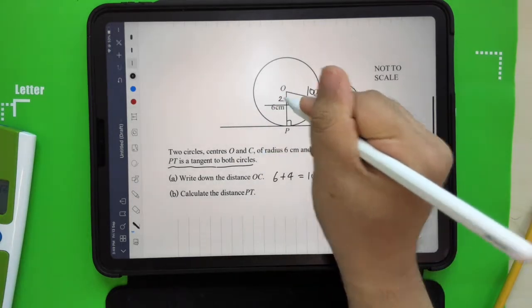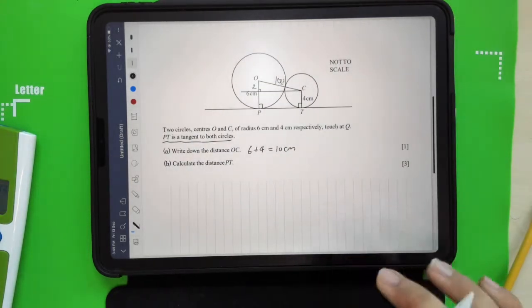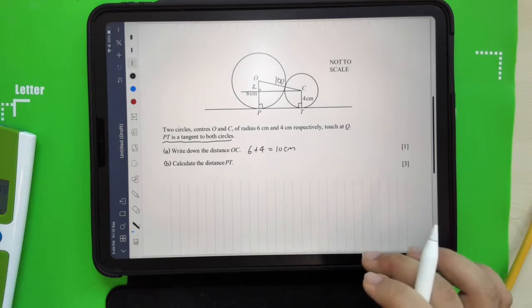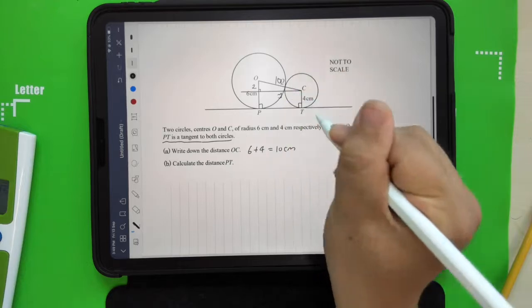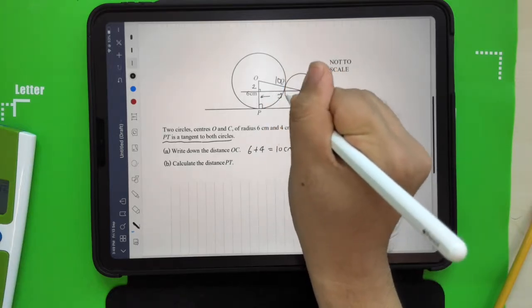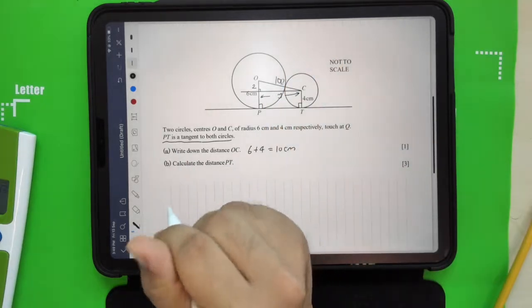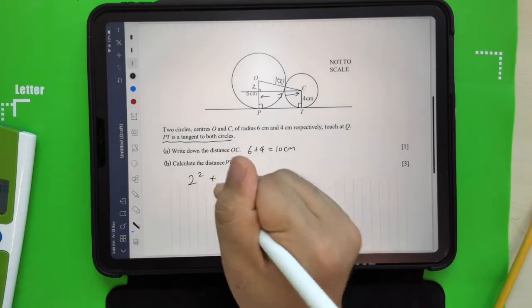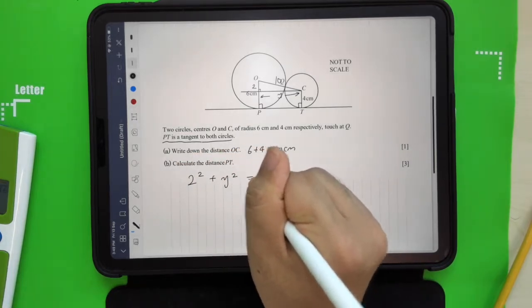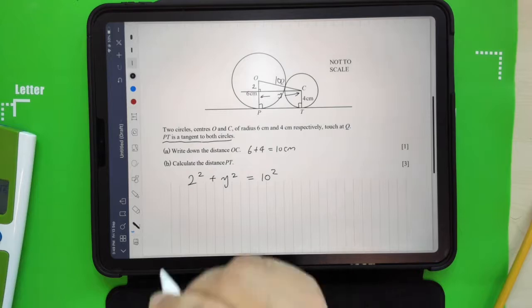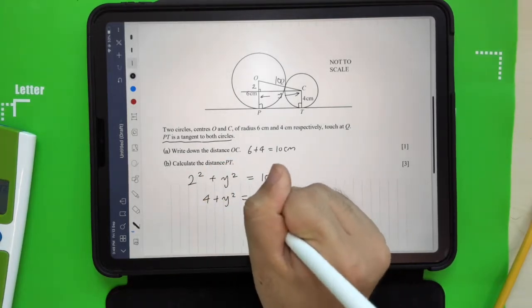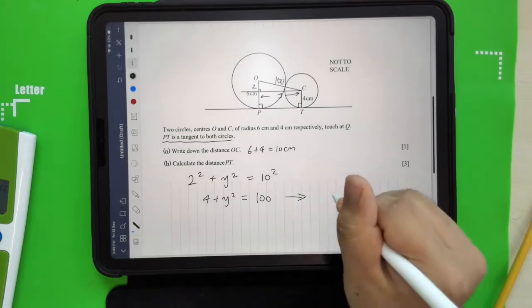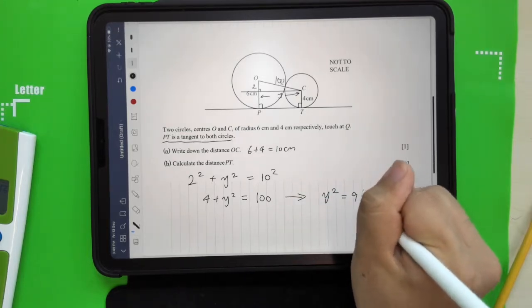Now we can use the Pythagorean identity as this is a right-angled triangle. Let's say this length here is y. This tells us that 2 squared plus y squared equals 10 squared. We can rewrite this as 4 plus y squared equals 100, which then goes to y squared equals 96.